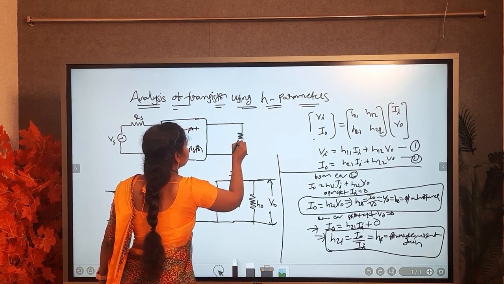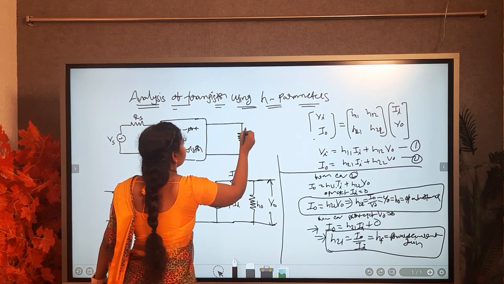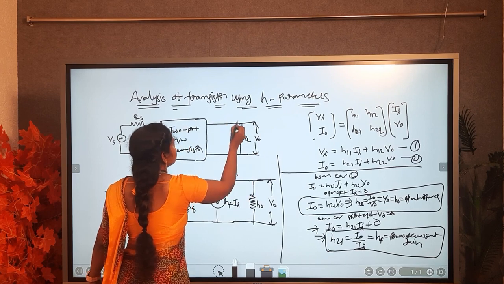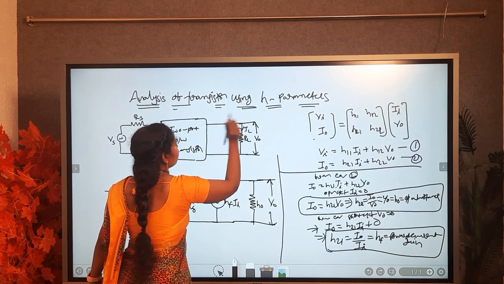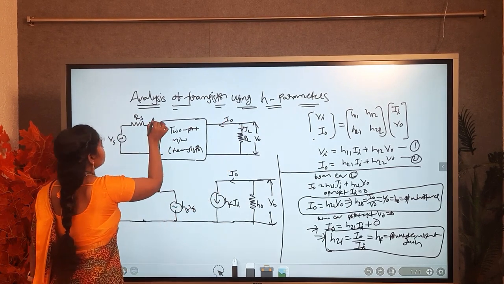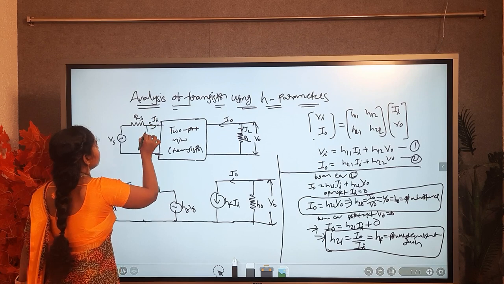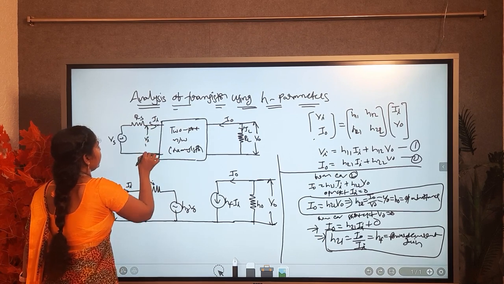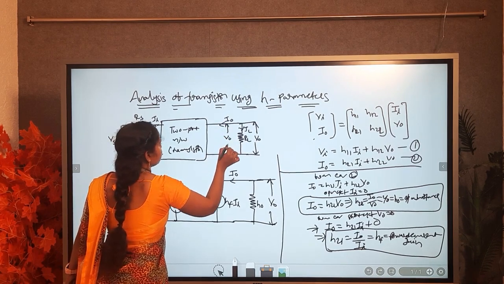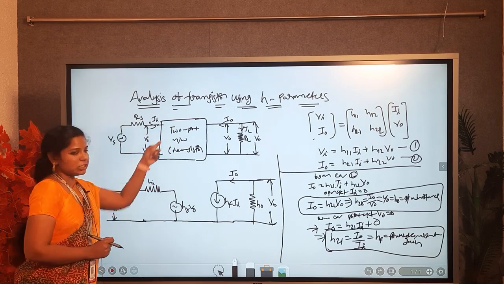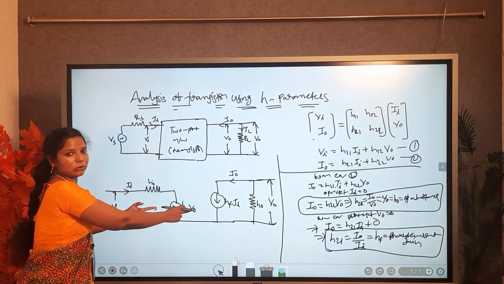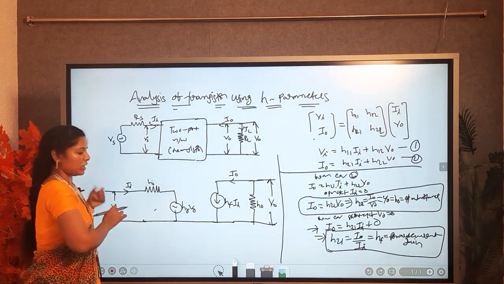This is the load resistance RL, across which we are taking the output V0. Through RL the current IL flows. This is the I0, and this is the input resistance, where we are applying Vi. Instead of this two-port network, we are replacing this circuit, that is the combination of Thevenin's and Norton circuit.